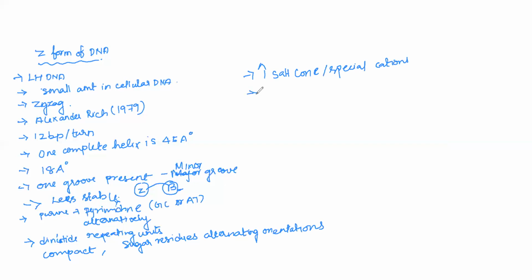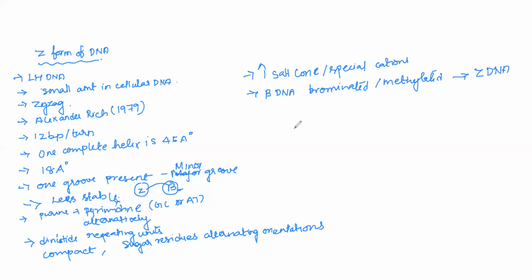So what happens when the B-DNA is brominated, or it is methylated? It changes to Z-DNA. Okay, you can say when you actually stretch the B-DNA, it will change to Z-DNA, and if you compress, it is going to change to the A form of the DNA.